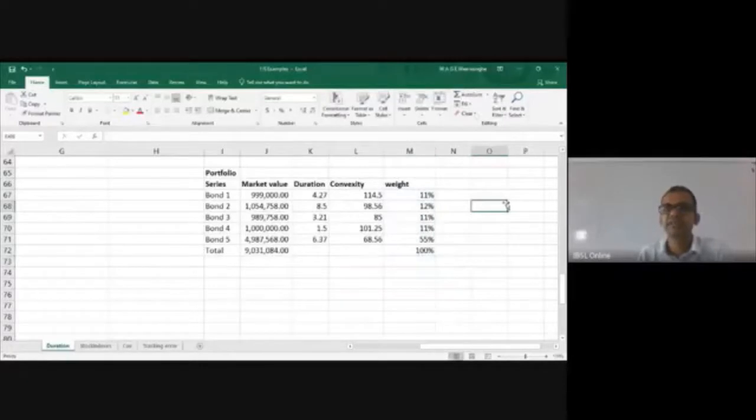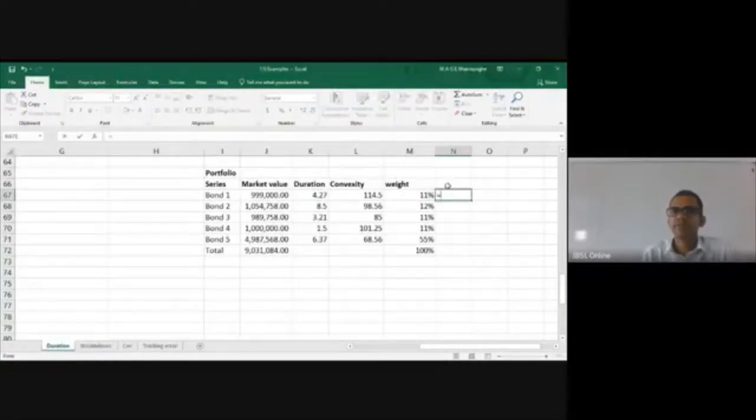Yes, correct. Then to calculate the duration of the portfolio, what do you have to do? Duration multiplied by this weight.